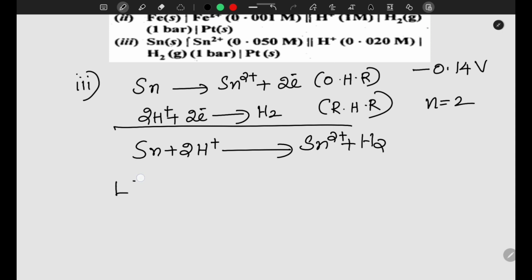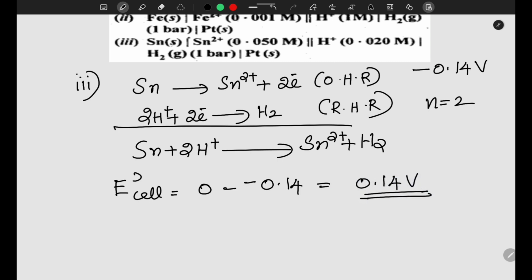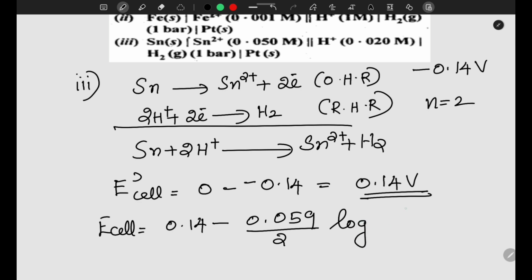Now E0 cell is equal to E0 cathode minus anode. Cathode is hydrogen, its potential is 0 volt. So minus 0.14 volt. That will be equal to plus 0.14 volt. Now Nernst equation: E cell is equal to E0 cell minus 0.059 by N, where N is equal to 2, log concentration of Sn2 plus by concentration of H plus.